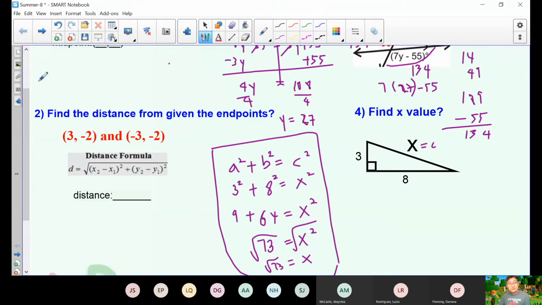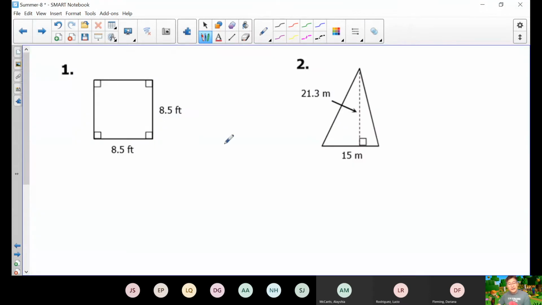So next one. So we finished do now. Now we're gonna go to the classwork, guys. So today is area. Okay, how to find area on geometrical figure.